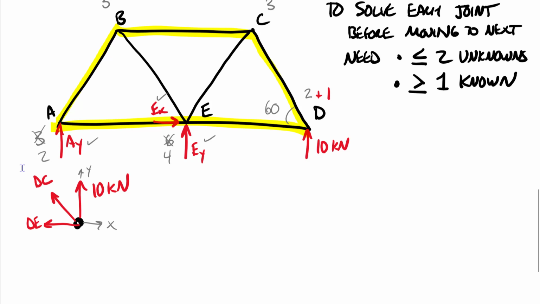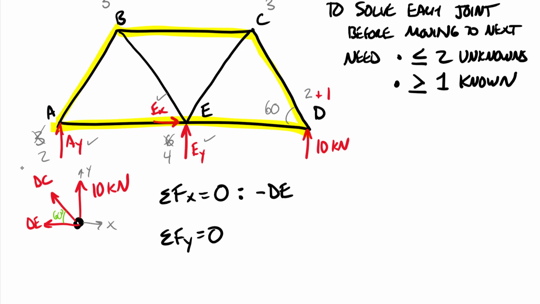All right, so here are my two equations. Sum of the forces in the X equals 0. Sum of the forces in the Y equals 0. Filling this out with things that I know and don't know. Summing forces in the X, I have minus DE, and then I have a component of TDC, keeping in mind that this angle was 60, so this gives me the cosine.